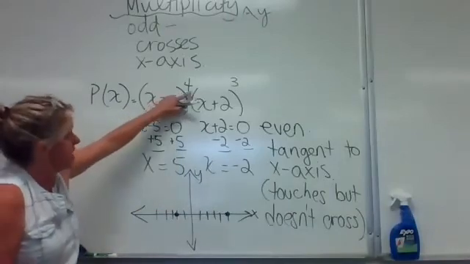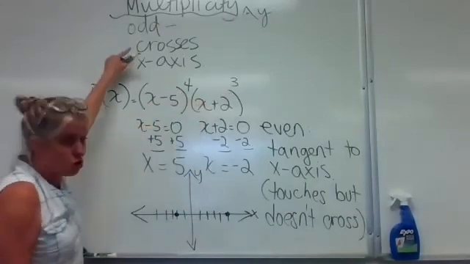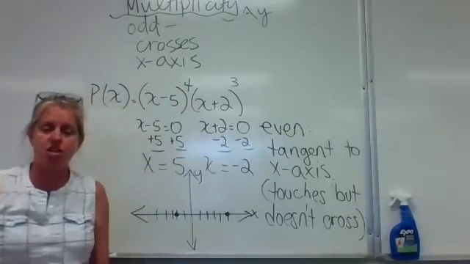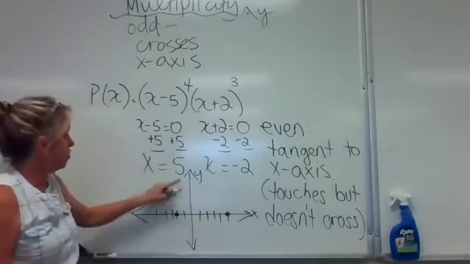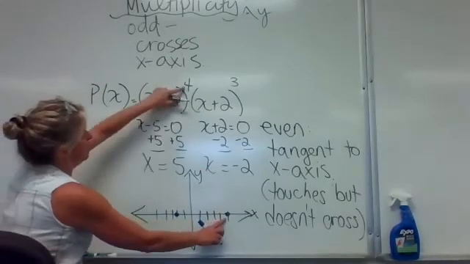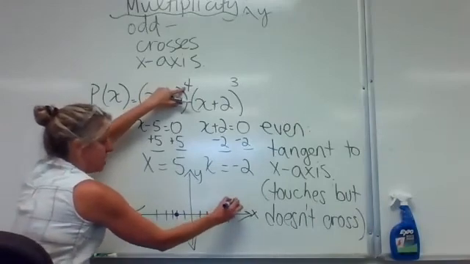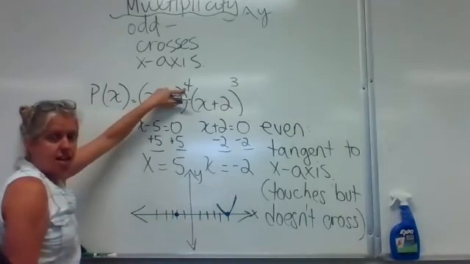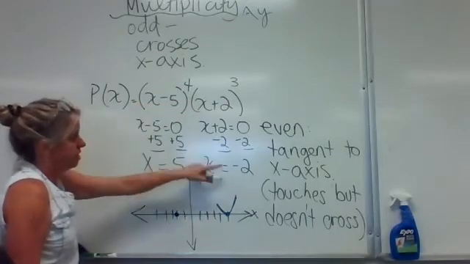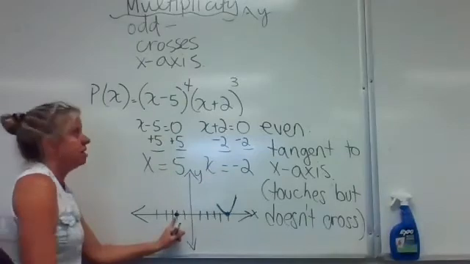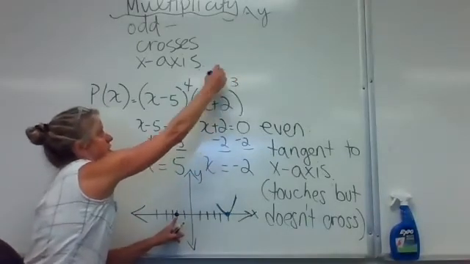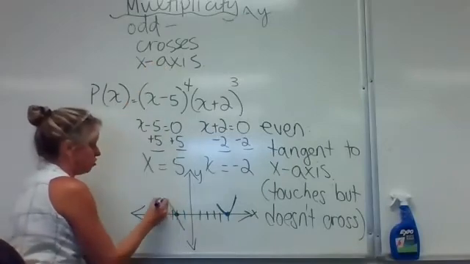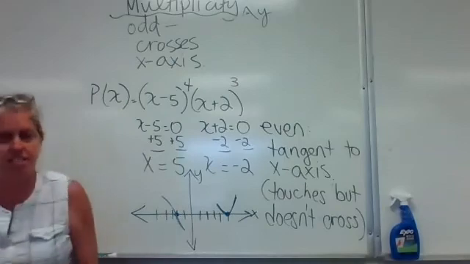What the multiplicity does is tell you whether you cross all the way through the x-axis or just touch it and go the other way. So 5's multiplicity was 4, which means it's an x-intercept that's just going to touch the x-axis and go the other way. -2 had an odd multiplicity, which means it's going to cross all the way through the x-axis there.